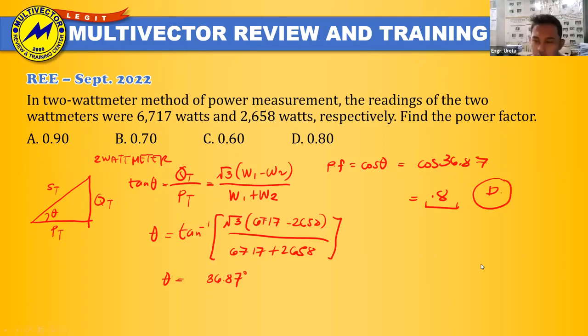If you want to know the nature of the power factor, it also comes out as lagging. Since wattmeter reading 1 is greater than wattmeter reading 2, under the assumption of ABC sequence, and the common node is C when the wattmeters were used, it is a positive sequence, lagging.